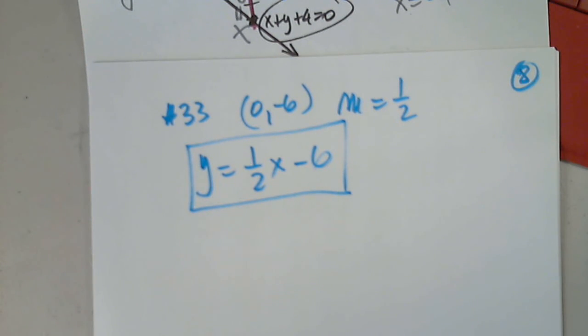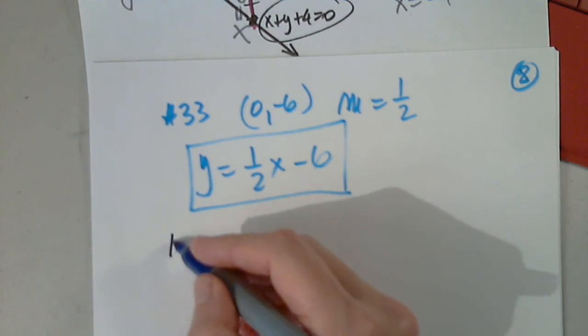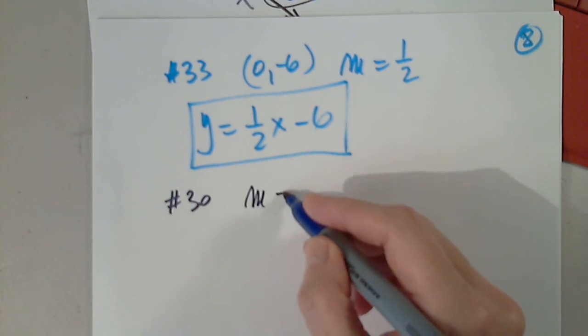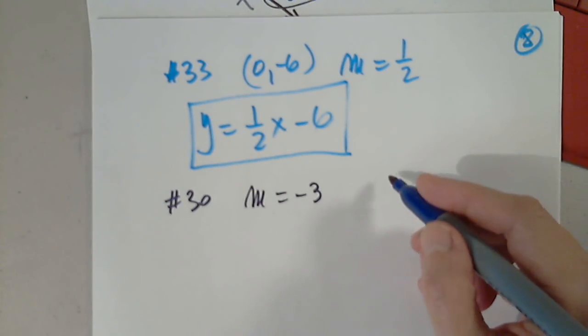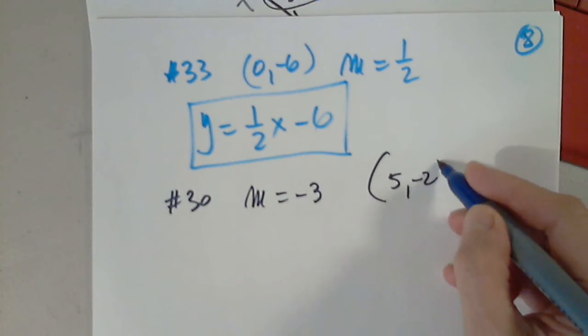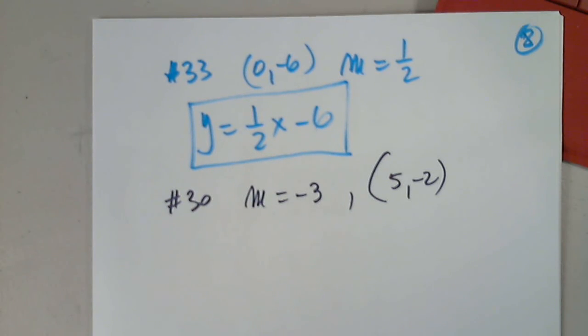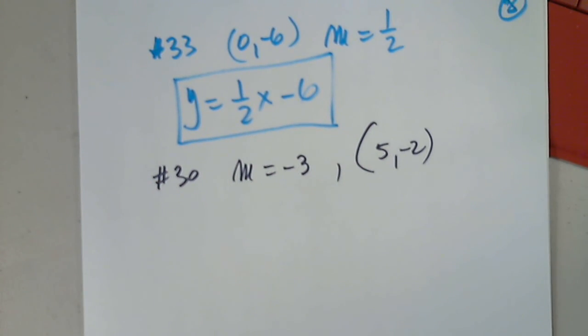However, if I'm given, like in 30, the slope equals -3 and a point (5, -2), I don't recommend you in a roundabout way determine the y-intercept. There is no need.